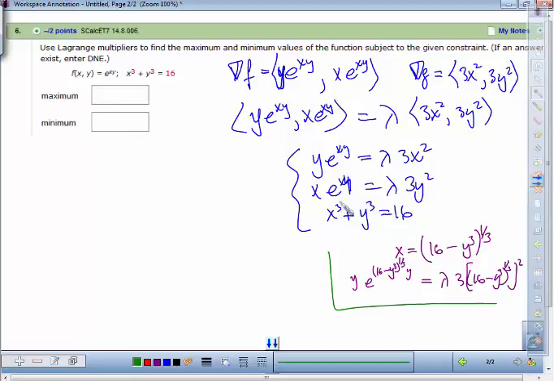Divided by each other? That cancels out. We have x over y equals, lambdas canceled, 3's canceled, x squared over y squared, y over x.